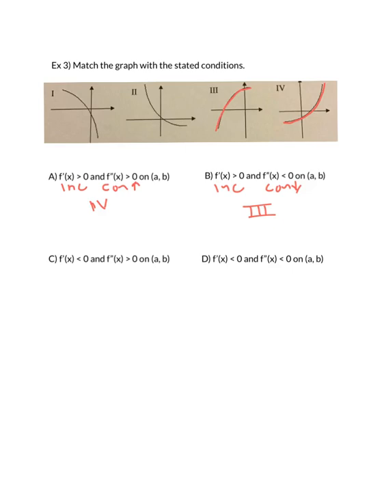For C, we want decreasing and concave up. Which one is decreasing and concave up? That's graph 2. You're moving downhill, but you could hold water. And then if you look at D, it has to be 1, but what does it talk about? It's decreasing and concave down. Is that what's happening on 1? Yes, it is.